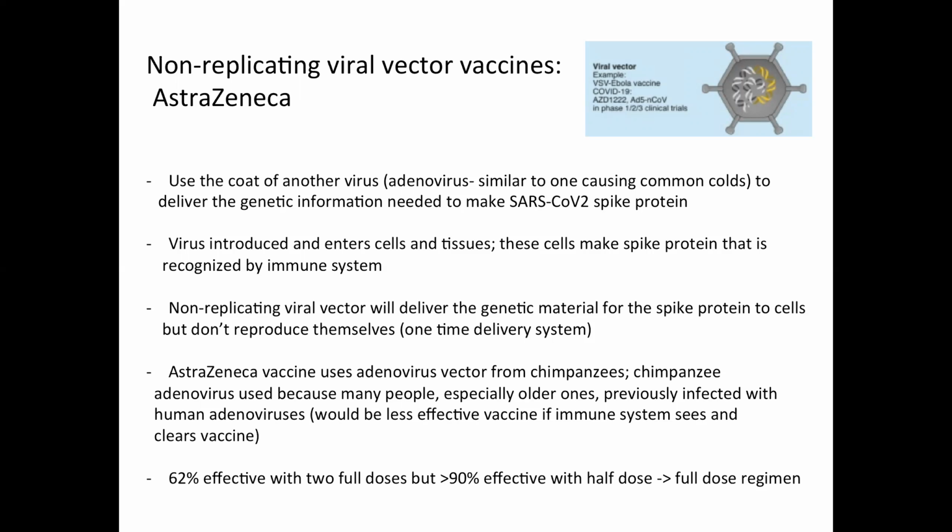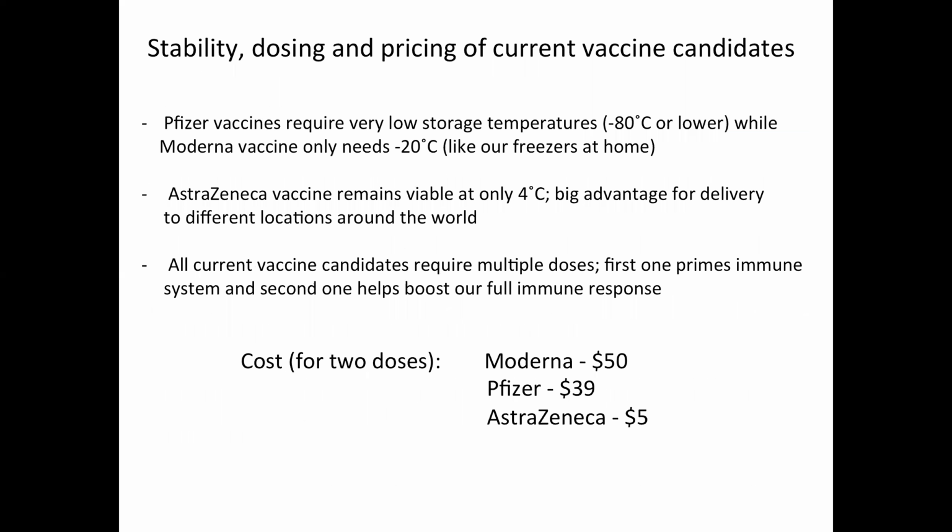And that's because many older people have already seen the human adenoviruses, and therefore the vaccine would be less effective because our immune system would recognize this and clear those vaccines based on the prior immune response that you have. So these were 62% effective with full 2 doses, but again reached that 90% plus effectiveness if you first gave a half dose and then the full dose for the second one.